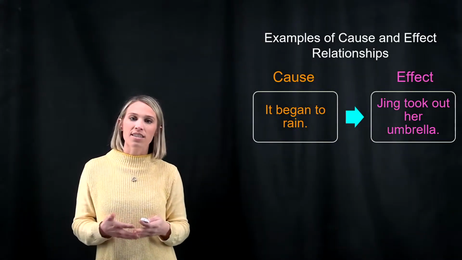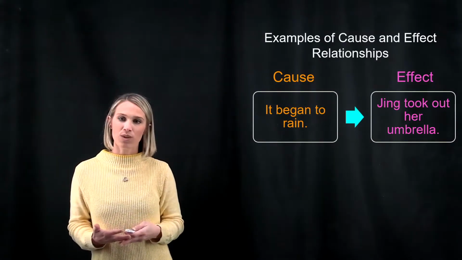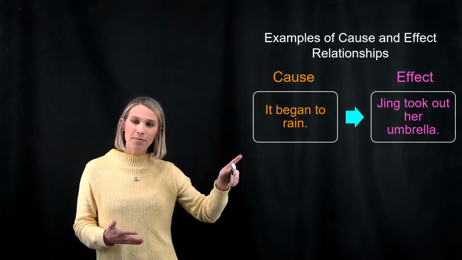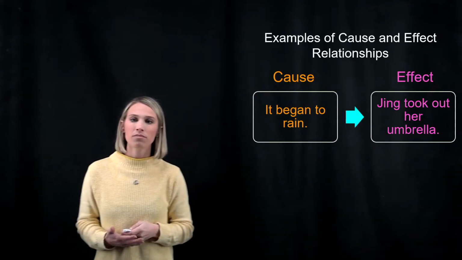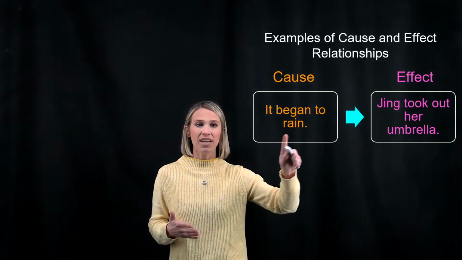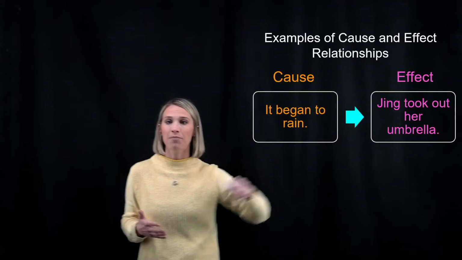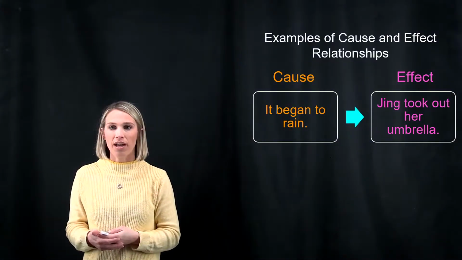The cause tells us why something happened, and the effect tells us what happened as a result. So because it began to rain, Jean took out her umbrella. There is a direct relationship between it began to rain and Jean took out her umbrella. When it starts to rain outside, Jean takes out her umbrella.